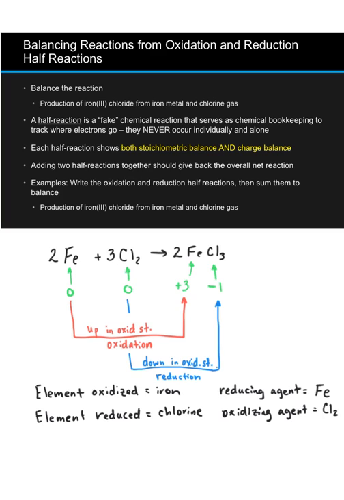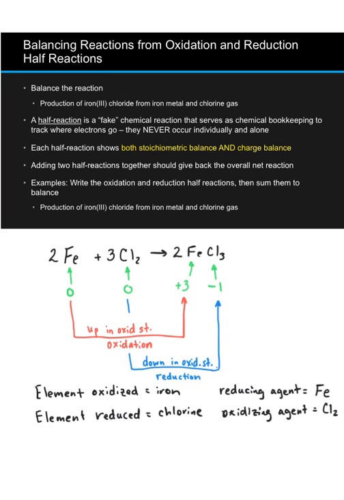One final way to show all of this information is through a so-called half reaction. A half reaction is a bookkeeping measure that helps us track oxidation and reduction.